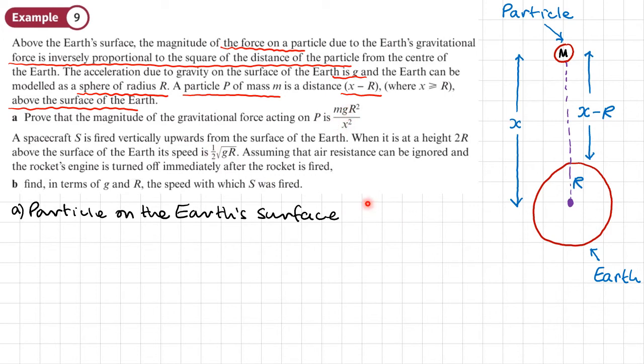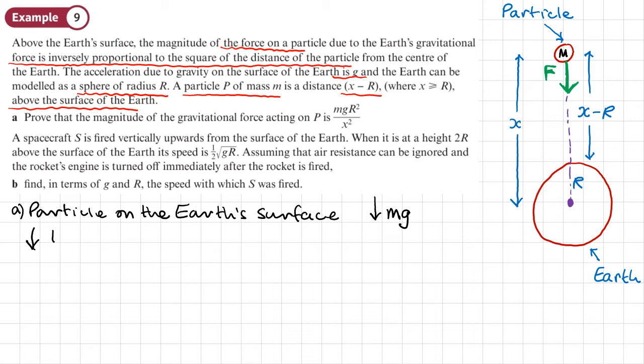So on the Earth's surface, we would have a force of mg going down. And we're also told that the force on the particle due to the Earth's gravitational force, so that would be a force that looks like this, will go downwards and is inversely proportional, so k over something.